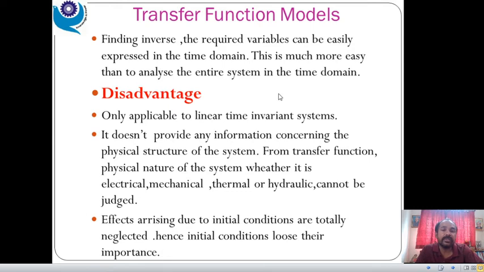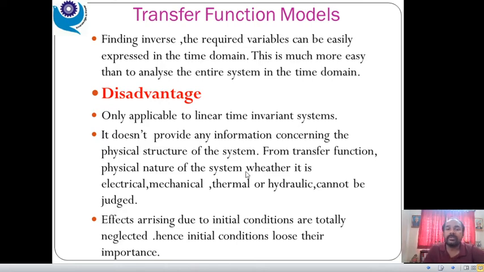A few disadvantages are there. It is only applicable to linear time invariant systems. It doesn't provide any information concerning physical structure. It provides a mathematical equation, that's why it doesn't provide any physical structure or design.